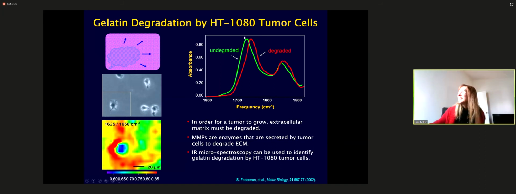So infrared spectroscopy itself is limited by the wavelength of light. The diffraction limit, for mid-infrared spectroscopy, gets you to about 2 to 10 microns.